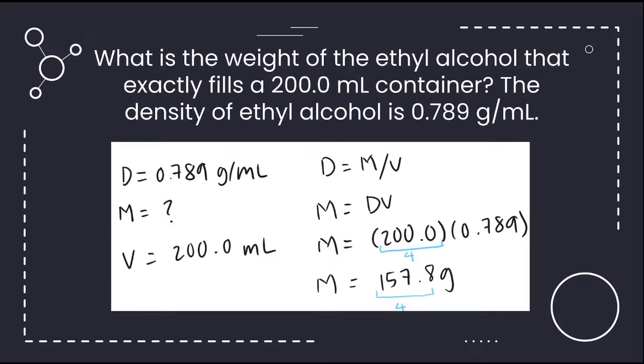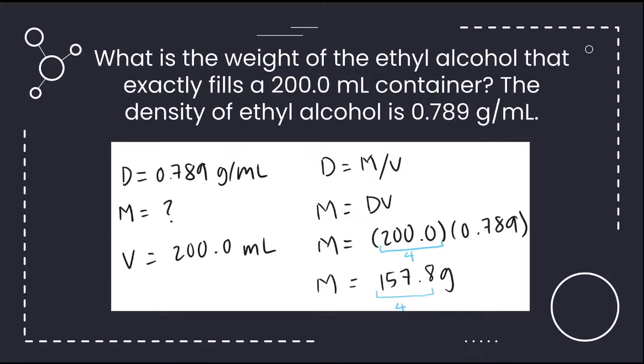Like before, we know the equation is D equals m over v, but we need to rearrange it to m equals dv, because we are given the density this time, and instead we need to find the mass, since we are also given the volume, which is 200.0 milliliters.